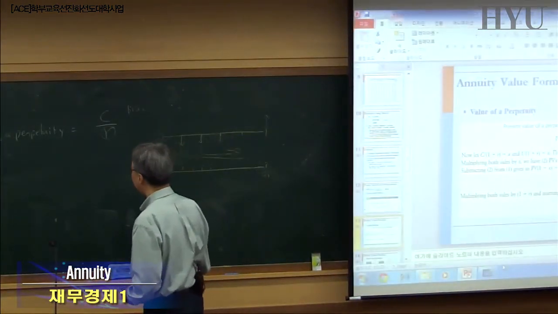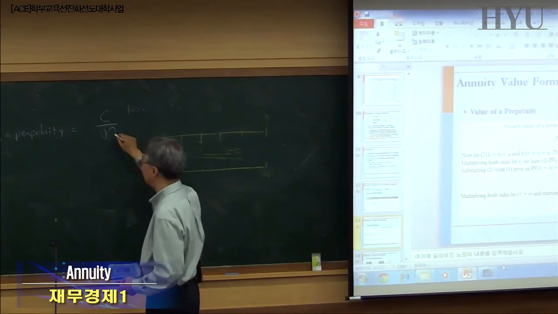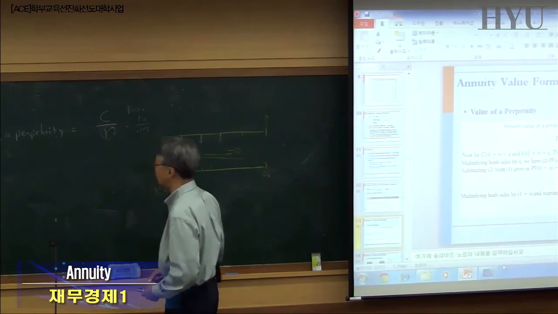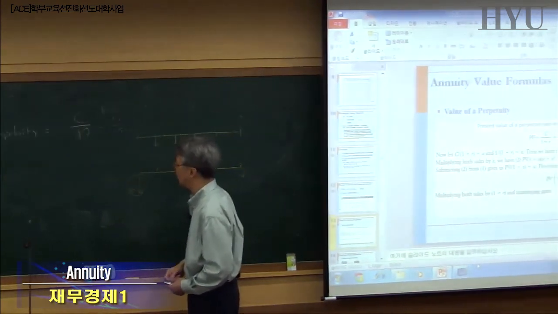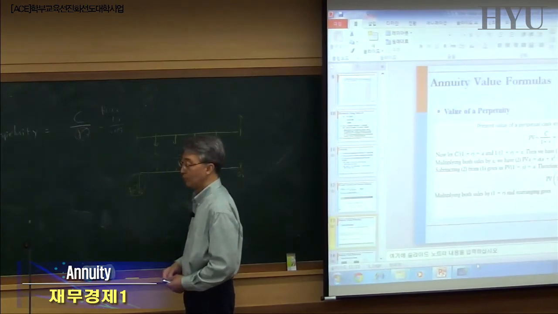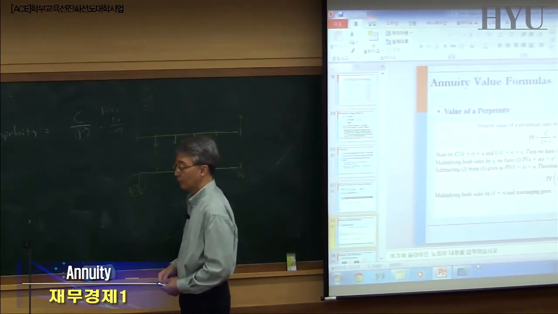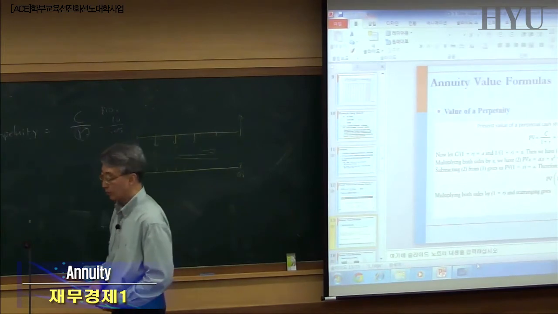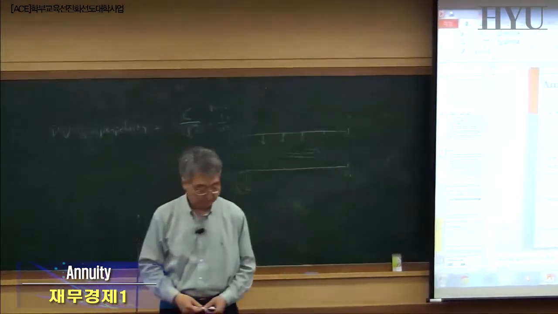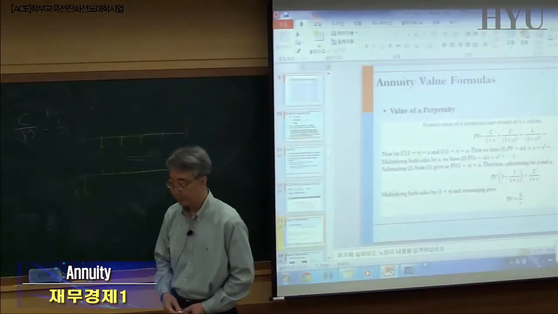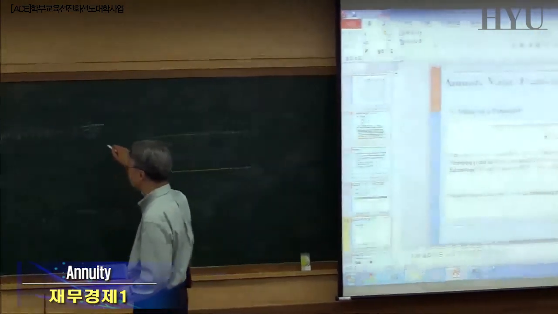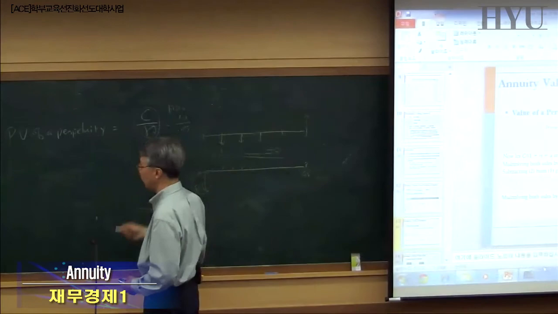So if the interest rate happens to be 5%, then it's $10 divided by 0.05, and it's going to be what? Something like 200 or 2,000? So that's how you calculate the present value of a perpetuity.